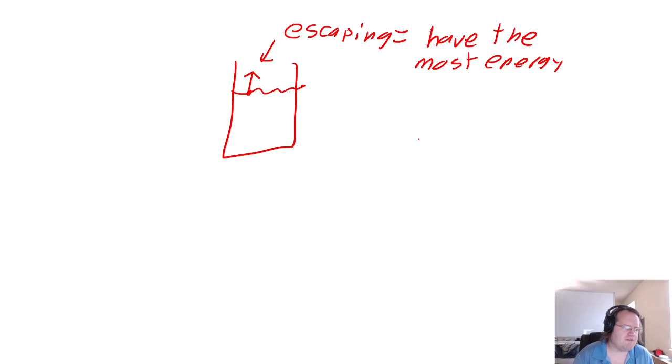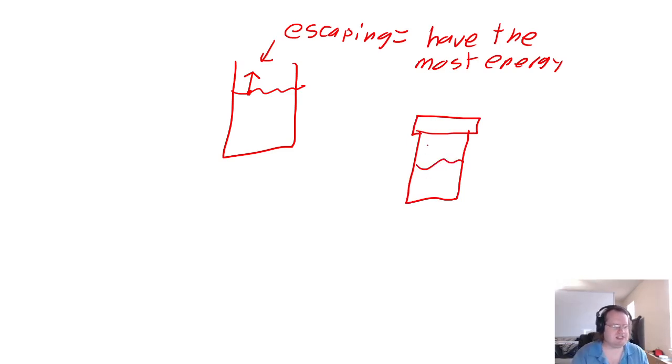The reverse can also happen, especially in, let's say, a closed container. Let's say I close my beaker off now. And now, as the water escapes, the water that escapes is up top. So these are sometimes going to collide with the surface. And if they have a low enough energy to be captured by the water molecules on the surface, they rejoin the liquid water phase. So they can condense and reform that.